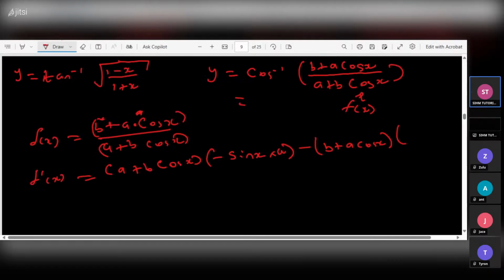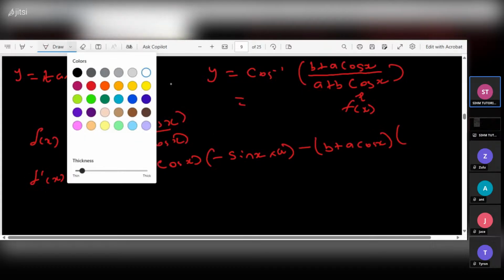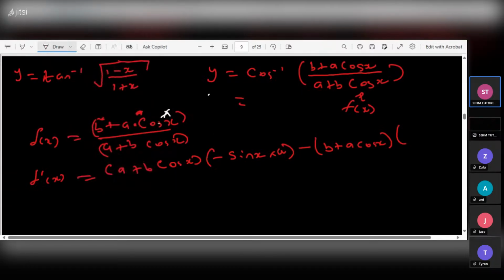Thank you. So, as I was saying, the negative of this, we're going to say minus into b plus a cos x. This is our numerator, which is this part here, and we're just going to keep it there.